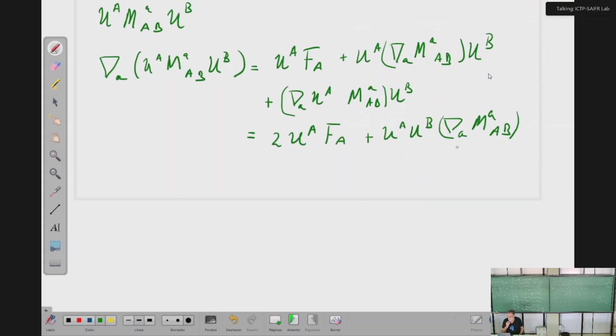So since this is a divergence, we can take some region. Let me draw this region here. Let me draw it in 2 dimensions only, so that we take a region.